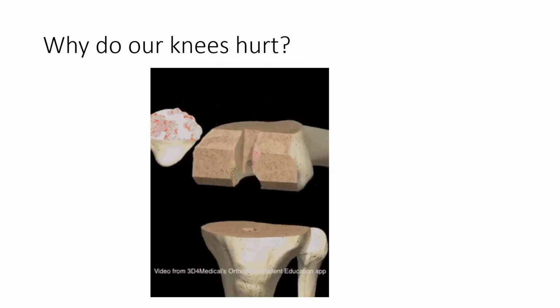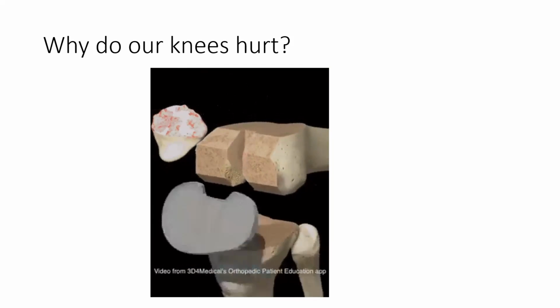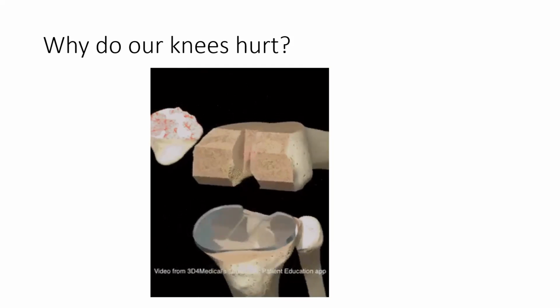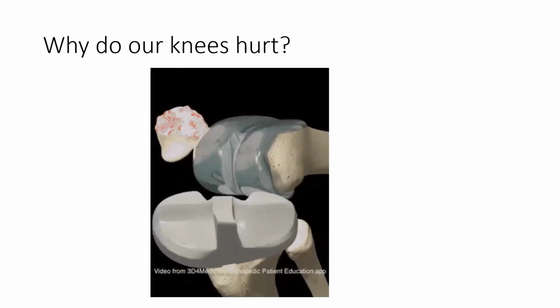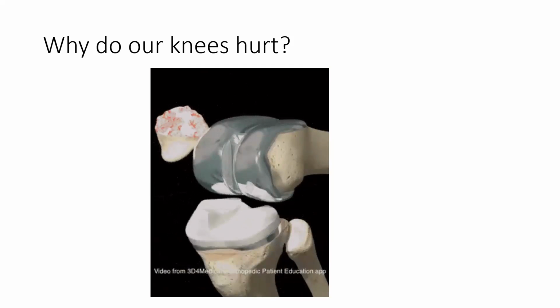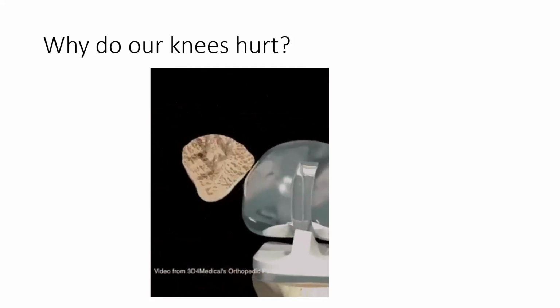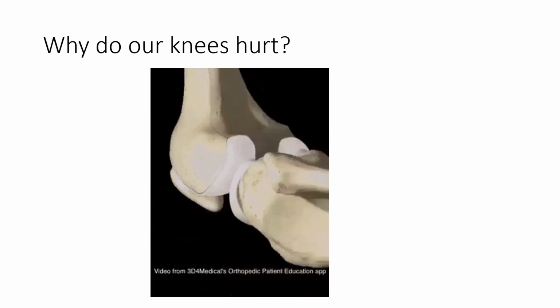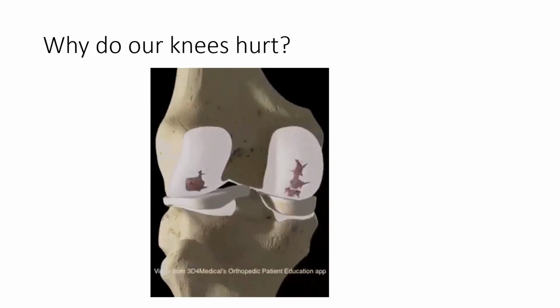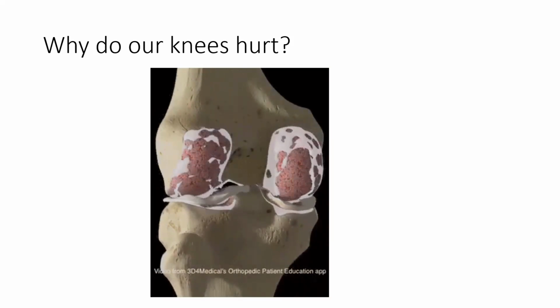Well, it's a two-part process. We put in some sort of plastic pad in place of the meniscus, and then we have artificial condyles on the end of the femur and on the end of the tibia, and we have an artificial meniscus in there.